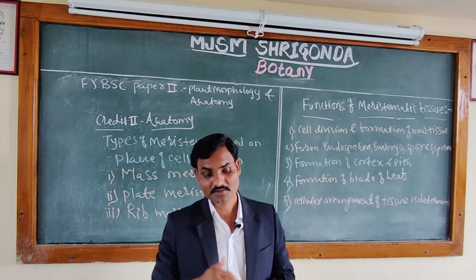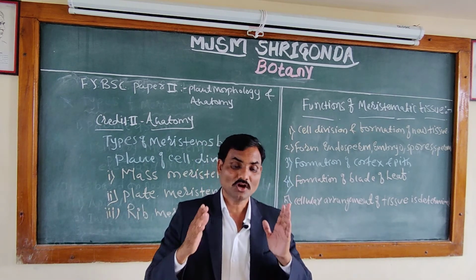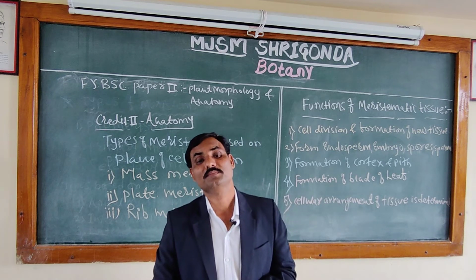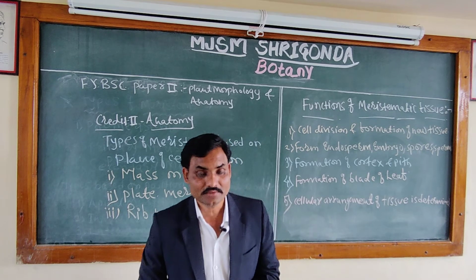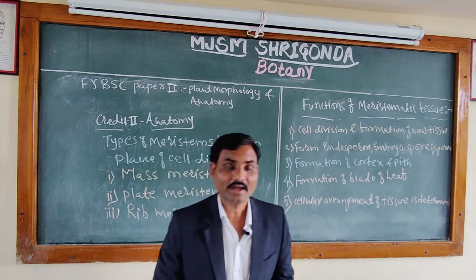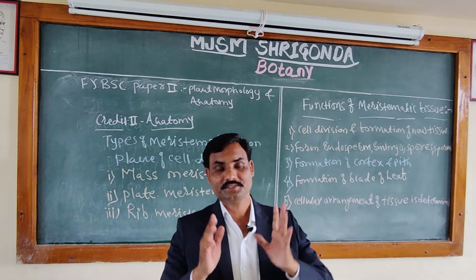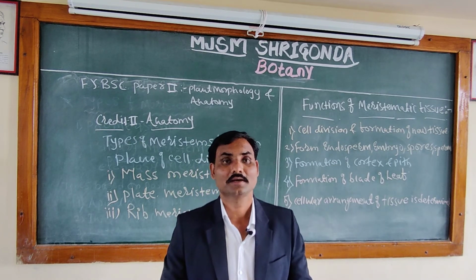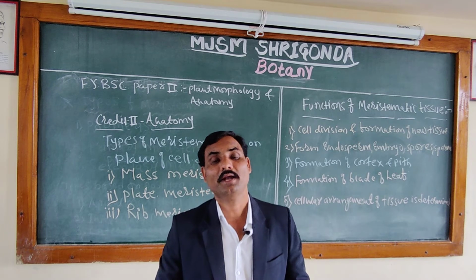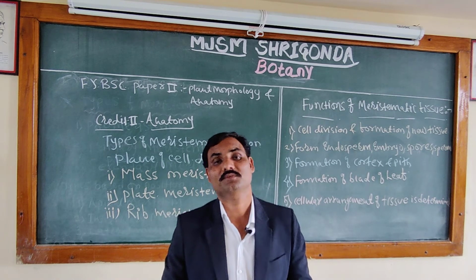Due to plate meristem, there is a formation of uniseriate epidermis or multiseriate flat blade of leaf. And the cellular arrangement of a tissue is determined by the growth pattern of its meristems.